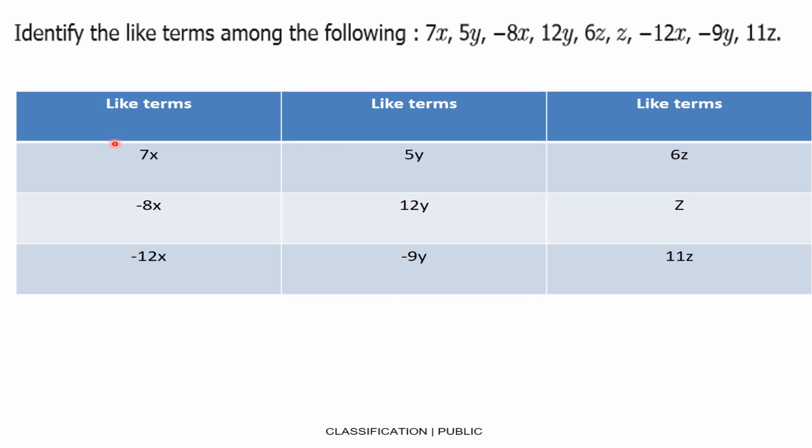What are the like terms? 7x, minus 8x, minus 12x. And what are the y terms? 5y, 12y, minus 9y. And z terms? 6z, z and 11z. So these are the like terms.